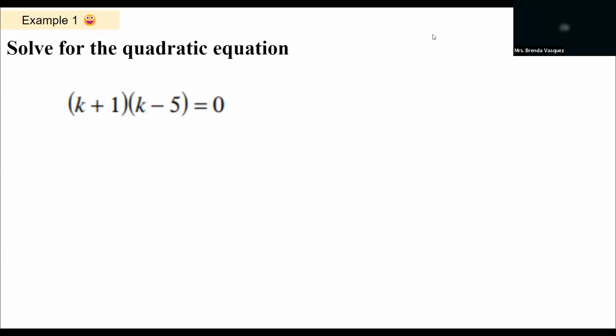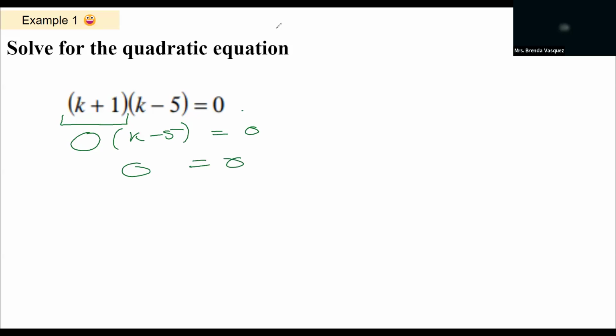Since we already have one factor given to us as k + 1 and the second factor of k - 5, we need to think about which one of these is going to be equal to 0. If this factor is equal to 0 and I multiply it by k - 5, what would be the value? 0, because 0 times anything will make it equal to 0.